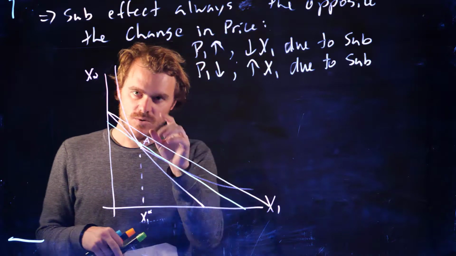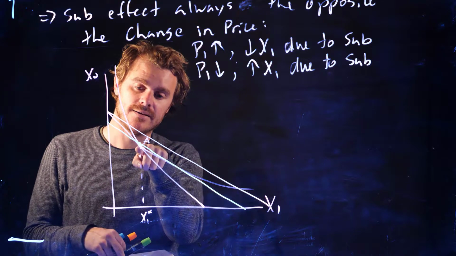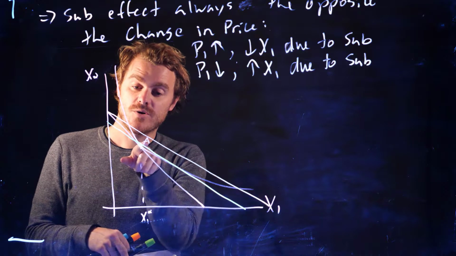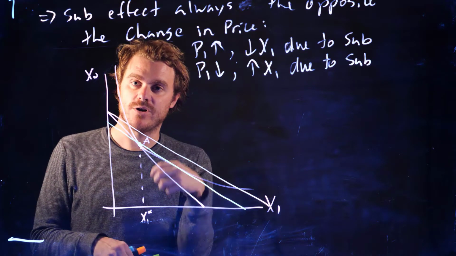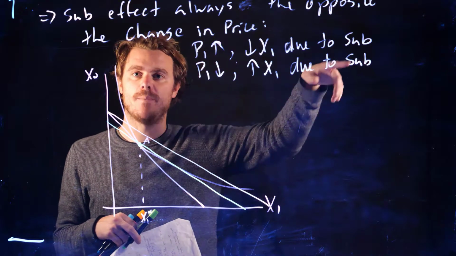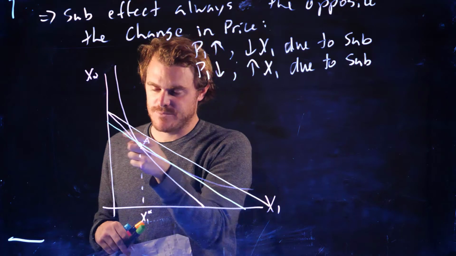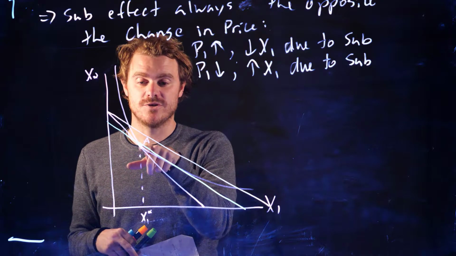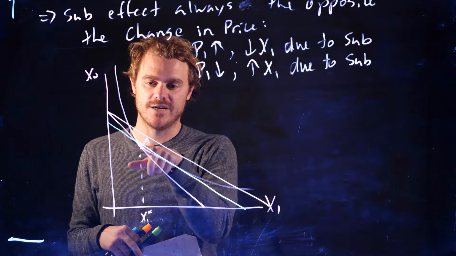So the worst that's going to happen is that we stay at A, and there's no substitution effect. Otherwise, we're definitely going to be to the right of A when we're figuring out our substitution effect. So this is why the substitution effect is always going to go in the opposite direction of the price change. Because we're never going to consume anything to the left of point A. Maybe point A again, if there is no substitution effect. Otherwise, if we draw that point C, it's going to be somewhere to the right of A.